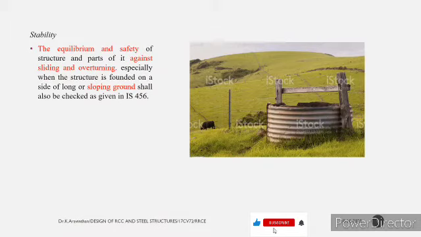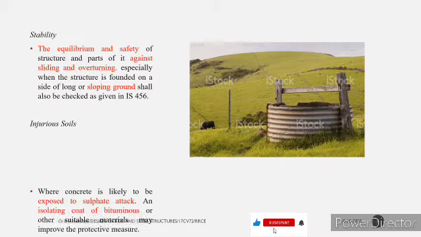And regarding the stability requirement, here you can see an example. If you have a water tank on sloped ground, in hill areas, you should check the water tank against sliding and overturning as per IS 456. In a flat, leveled water tank, it is not mandatory.